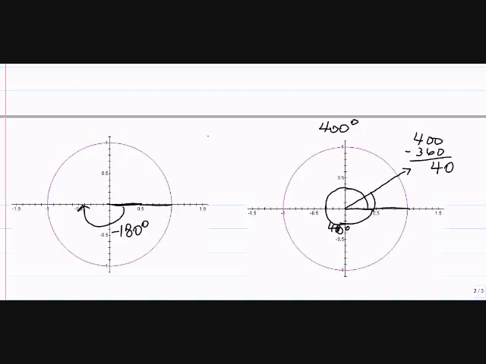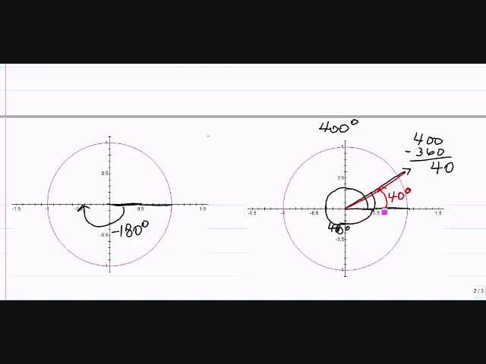But it also could have other names. This angle stopped right here. I could have just started from standard position and not gone around once. And this angle is also called 40 degrees. Or I could do a negative angle.